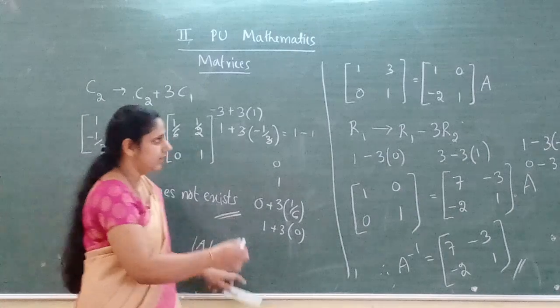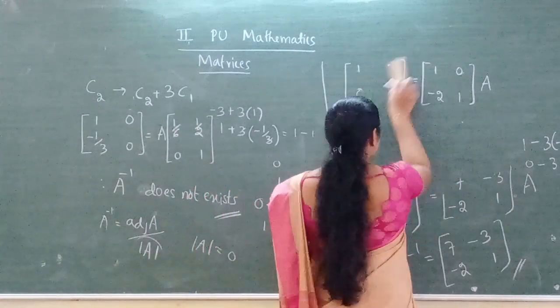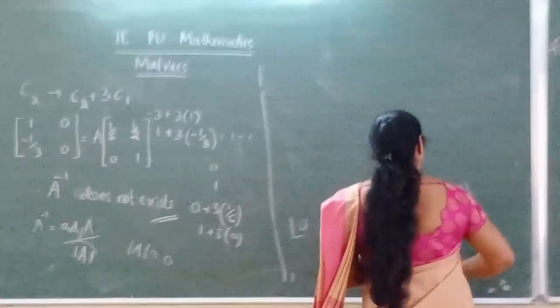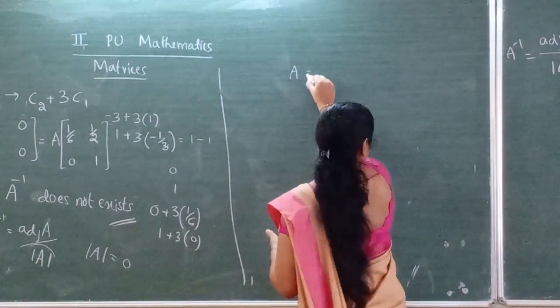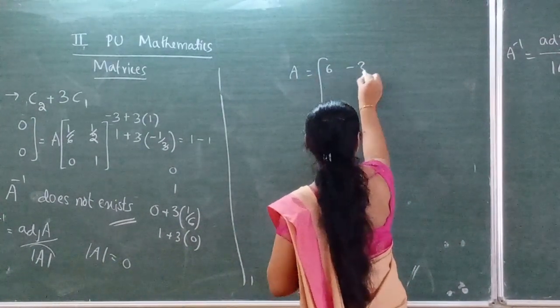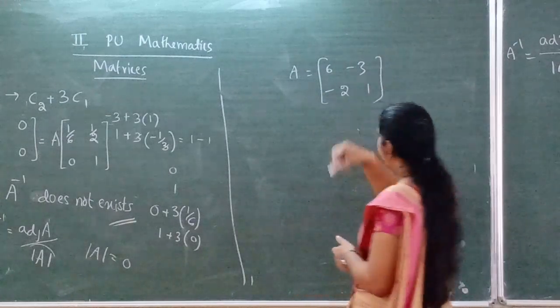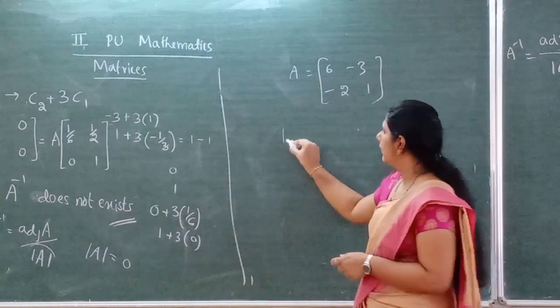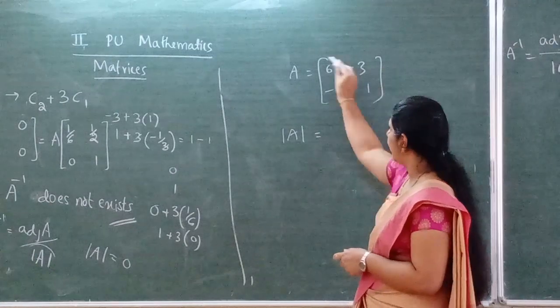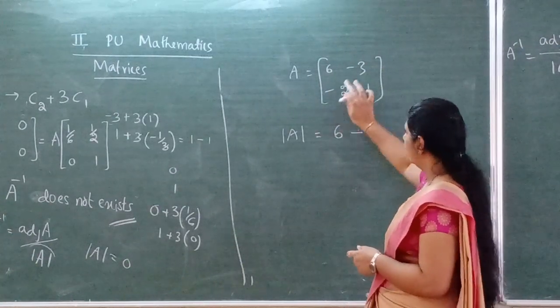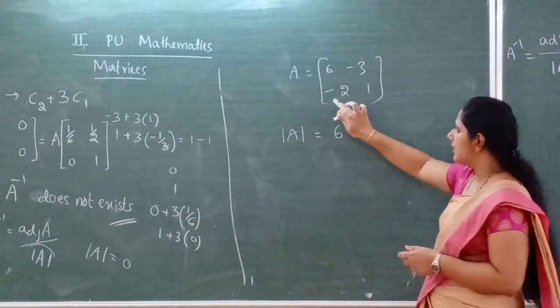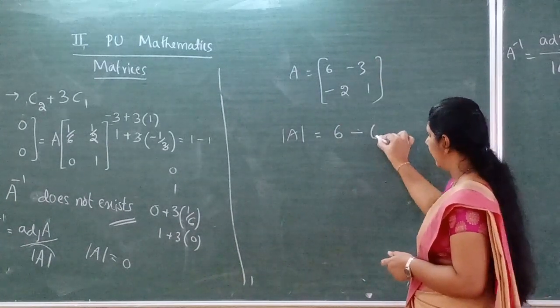You can verify here. The matrix A is 6, minus 3, minus 2, 1. Here the determinant A value is the product of the diagonal elements minus the product of the non-diagonal, that is minus 2 into minus 3, plus 6.